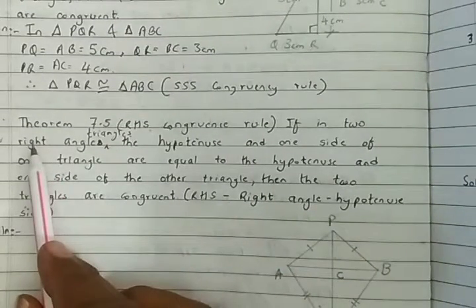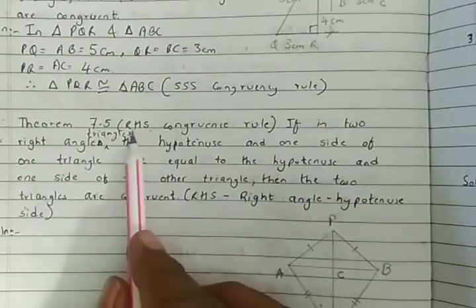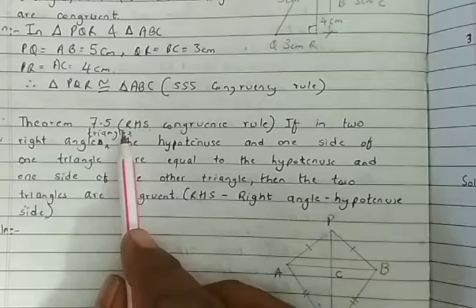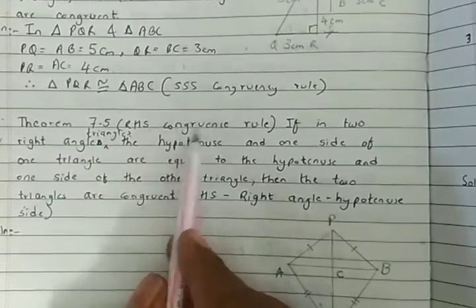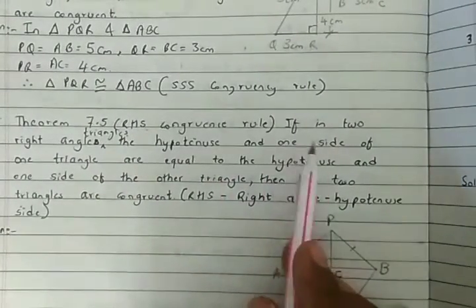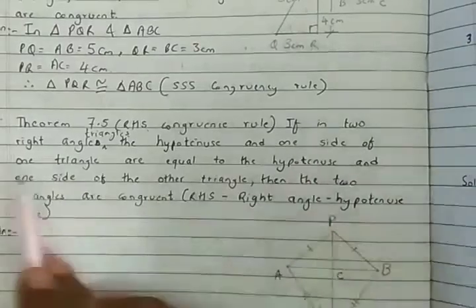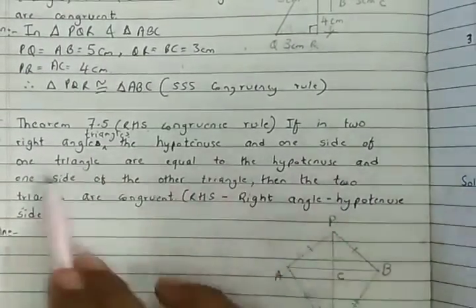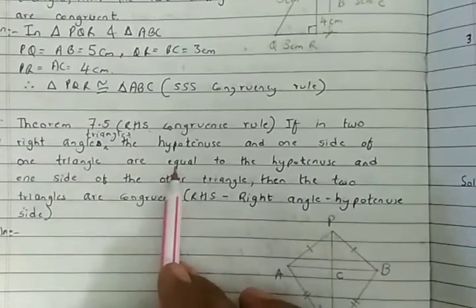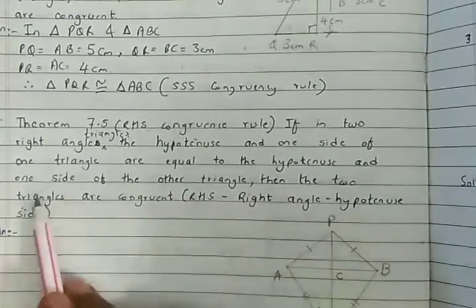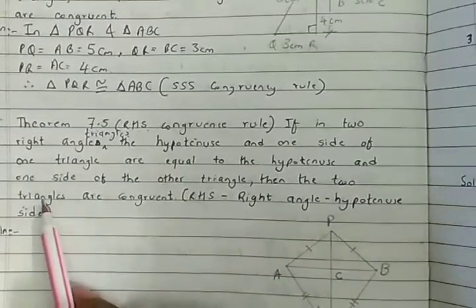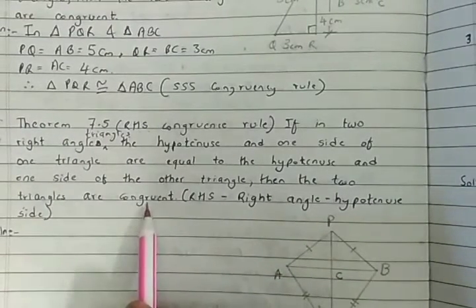Let's learn about theorem 7.5, RHS congruency rule. What is the full form of RHS? Right angle hypotenuse side congruency rule. What does it say? If in two right angle triangles the hypotenuse and one side of one triangle are equal to the hypotenuse and one side of the other triangle, then the two triangles are congruent, right?